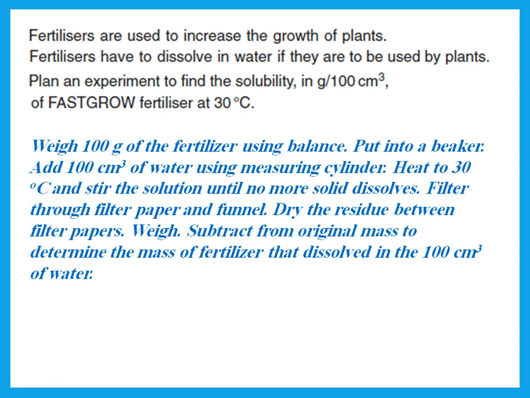So you're going to filter whatever did not dissolve. Filter through filter paper and funnel, dry the residue between filter papers, weigh. So this is the mass that did not dissolve. If I subtract it from the original mass, then I can determine the mass of fertilizer that dissolved in the 100 centimeter cubed of water.